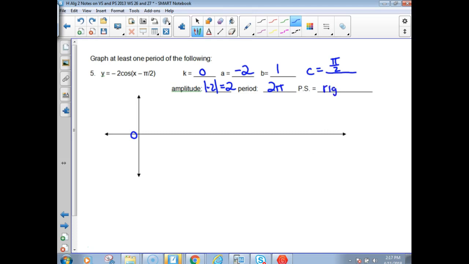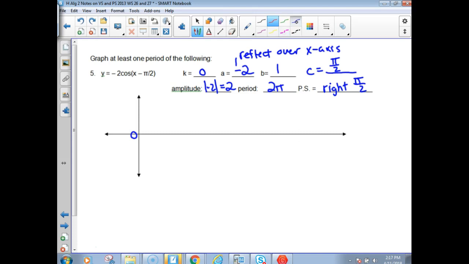Okay, right pi over 2. All right, so I've labeled my center line. I think about my amplitude, but then I realize, wait a minute, that negative sign does something. It reflects the graph over the x-axis.